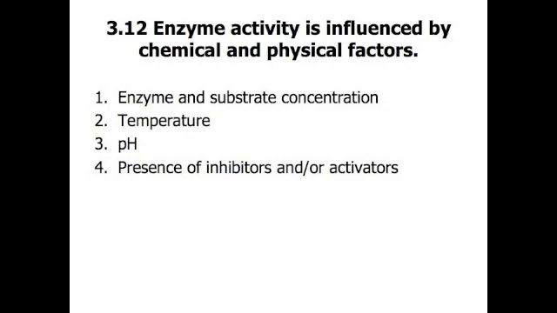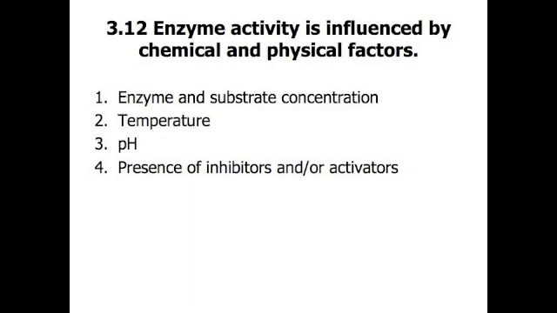The rate at which an enzyme catalyzes a reaction is influenced by several chemical and physical factors. And we're going to outline these chemical and physical factors right now. Firstly, there's the enzyme and substrate concentration. The rate of a typical reaction increases with the addition of either more enzyme or more substrate, when an addition causes a higher rate of collision between enzyme and substrate molecules.